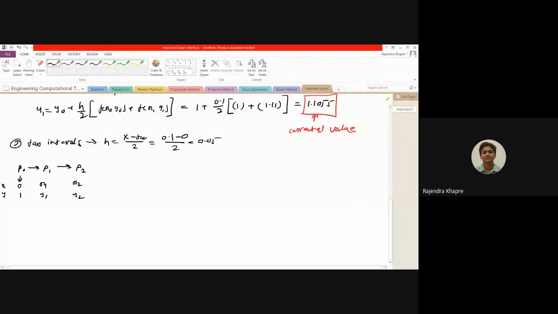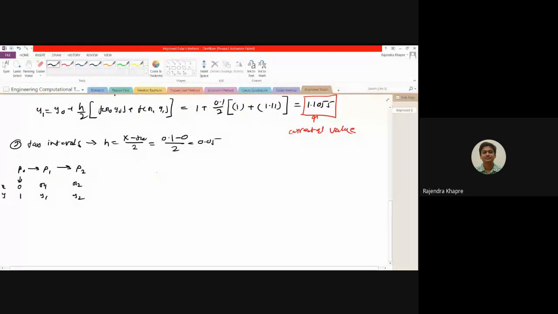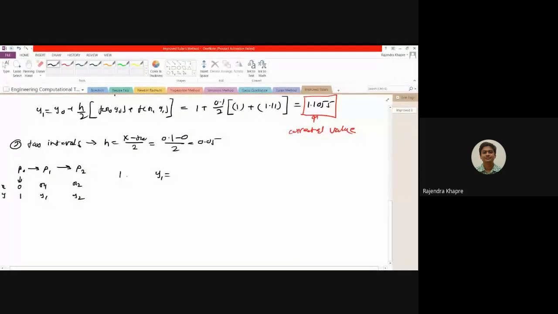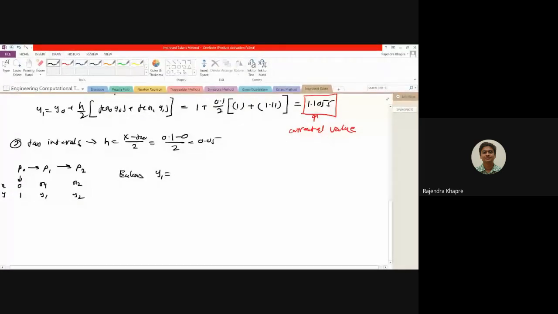Now here we have to just go for predicted and corrected values. If I want to know the value of p1, I should know the value of y1. For this I'll be using which method? Euler's equation. So y1 equals y0 plus h into function of x0 and y0.